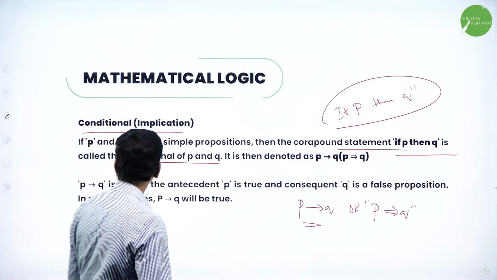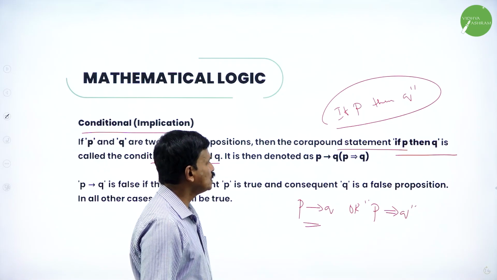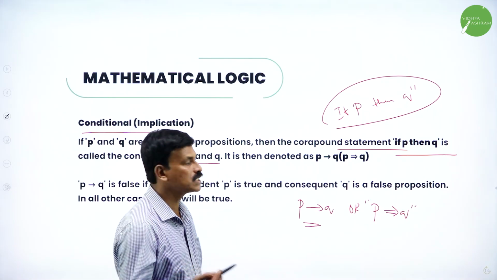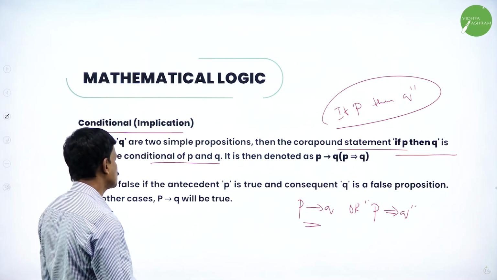So if P and Q are two simple propositions, then the compound statement if P then Q is called the conditional statement, and it is denoted as P conditional to Q.